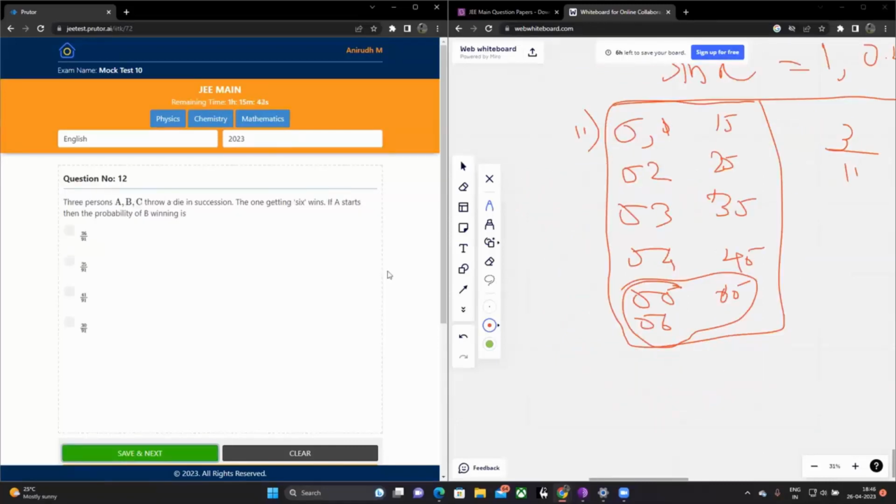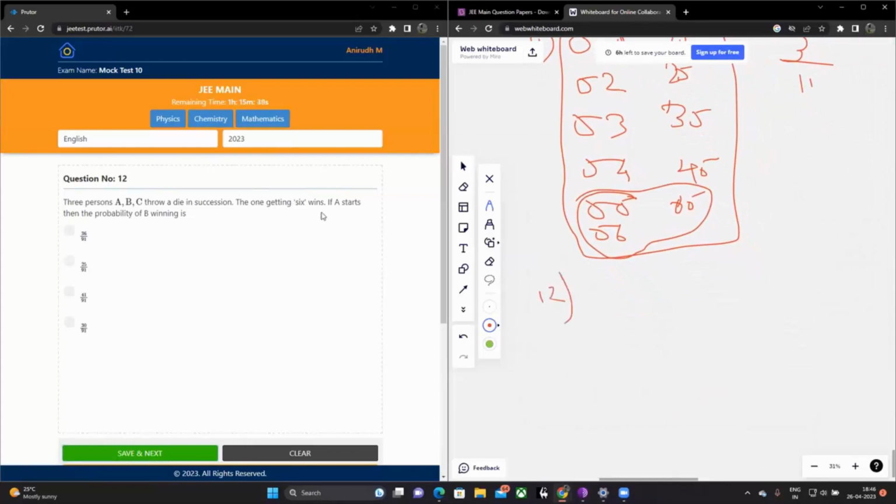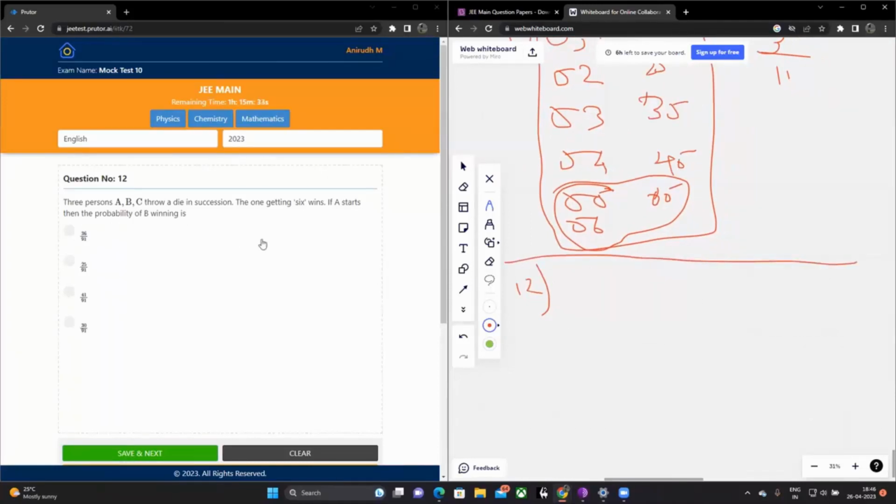3 people A, B, C throw a dice in succession. One getting 6 wins. If A starts, what is the probability of B winning, right? This is a tricky problem. You have to notice that nobody stops throwing the dice when something else occurs, right? So basically the game keeps going on until 6 occurs.